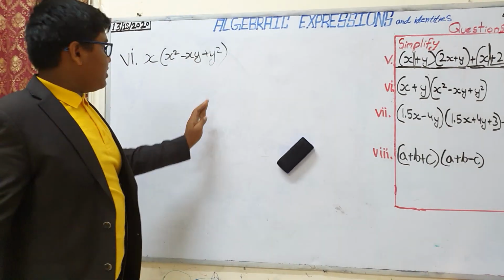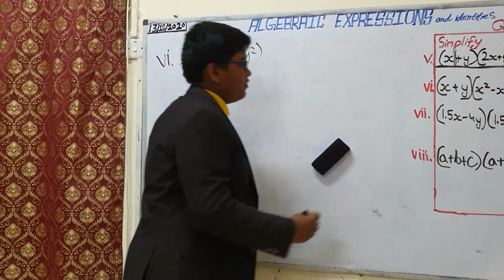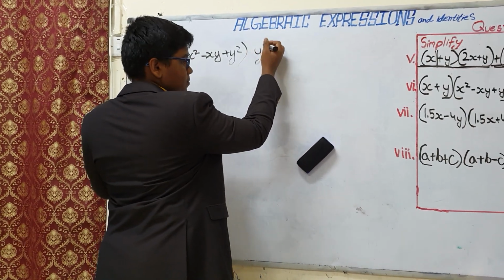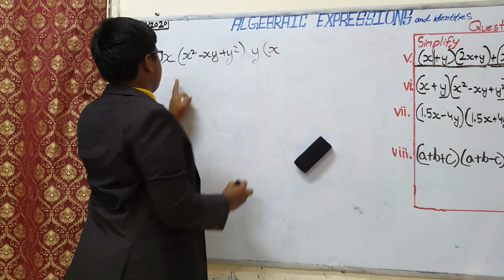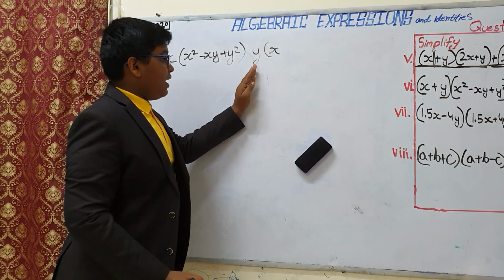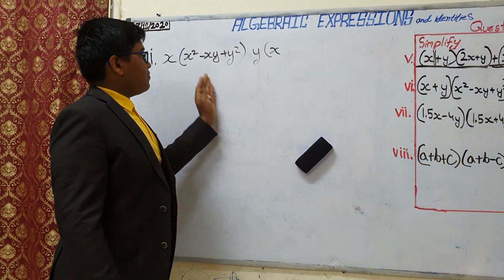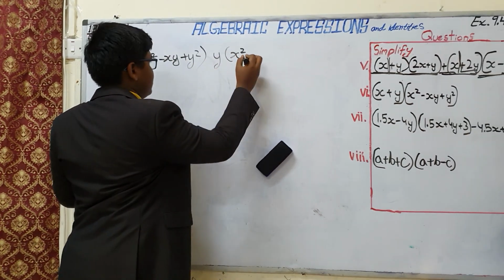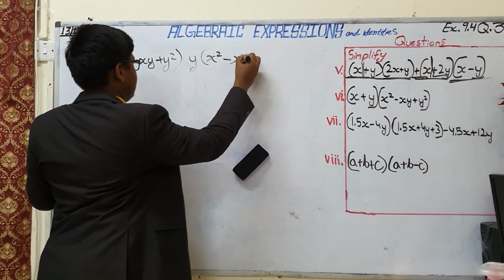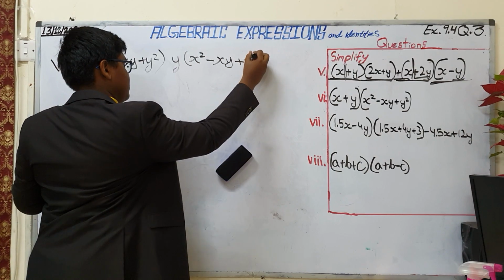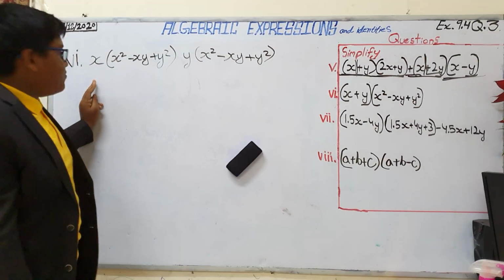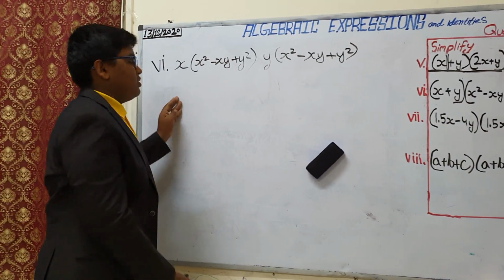Now we will multiply the whole sum with x, then we will write y. Then we will multiply the same bracket with the variable y. Then this is x squared minus xy plus y squared. Now first we will multiply this bracket and simplify this.